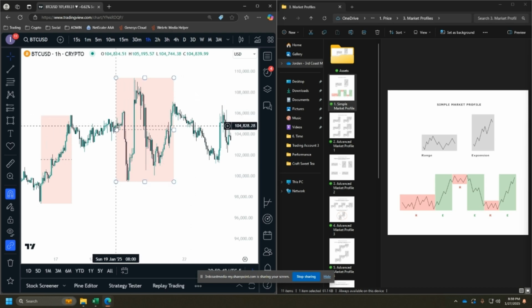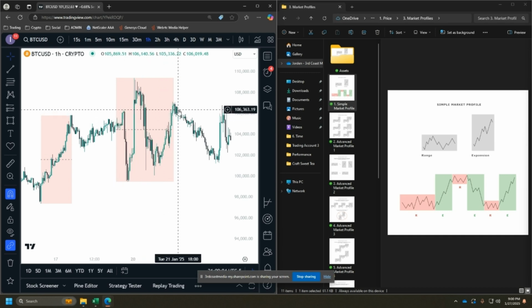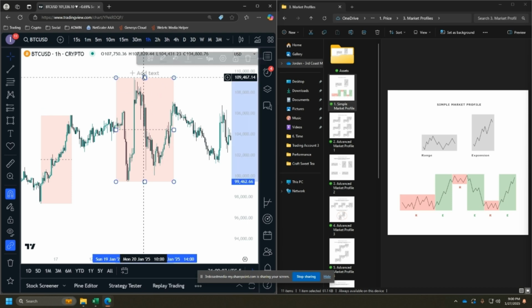So you can see from here to here was not much of an increase despite the large swings. So this price here practically moved sideways during this time frame. So that gave us a range.